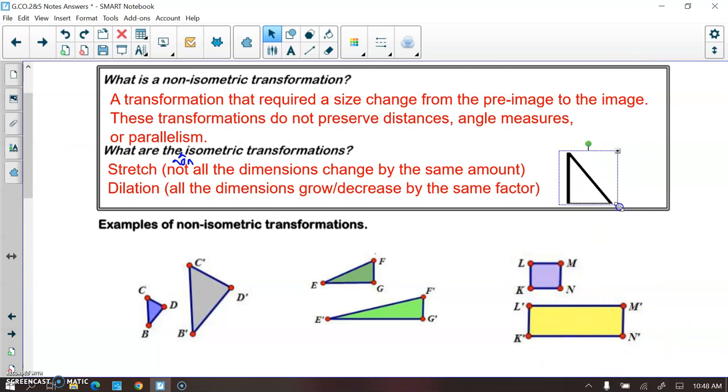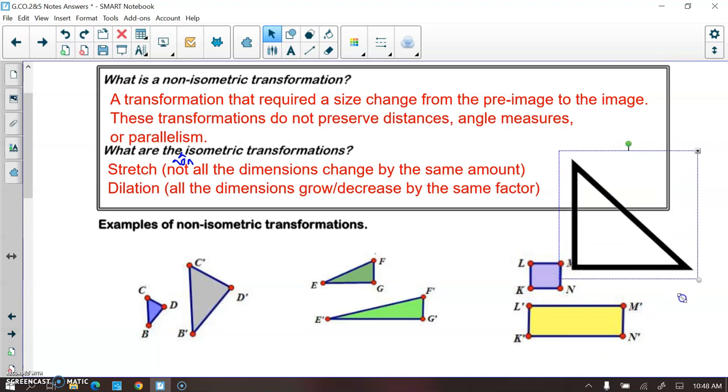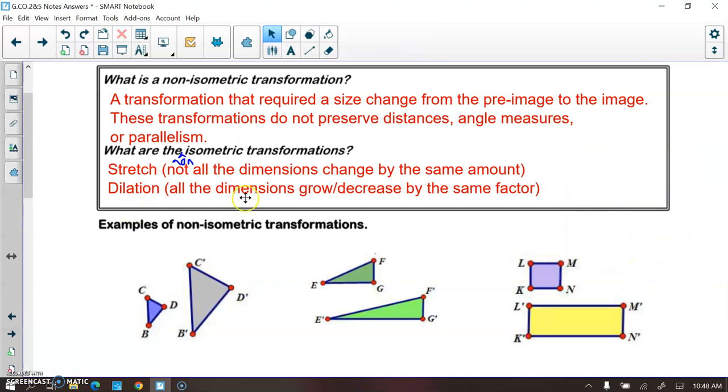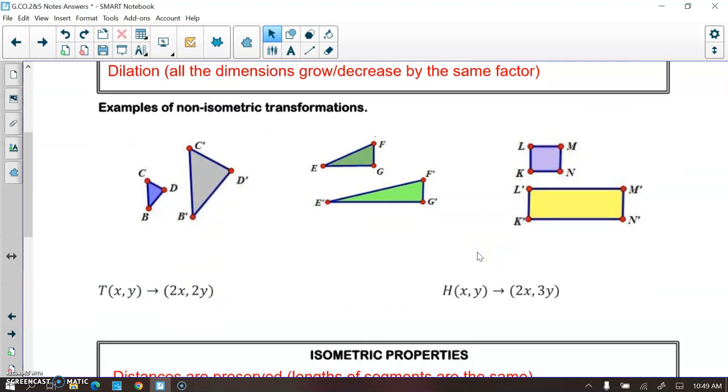Now a dilation would be, I have this triangle and all three sides are growing by the same exact factor, or the same exact amount. You can think of when they dilate your eyes at the eye doctor. Everything's growing in the same proportion when they're doing that dilation. So these are examples of non-isometric transformations.